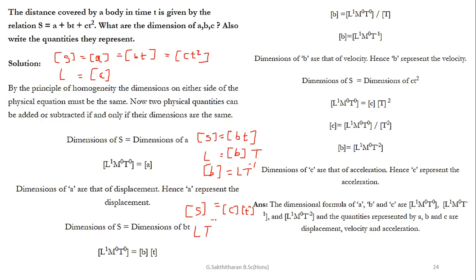So the dimensions of C is L T minus 2. This is the dimensions of acceleration. So here A is the length displacement, B is the velocity, and C is the acceleration.